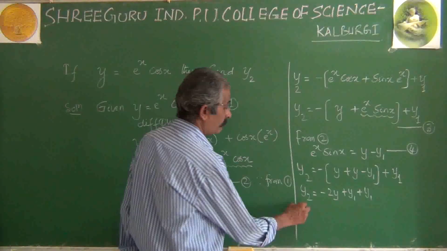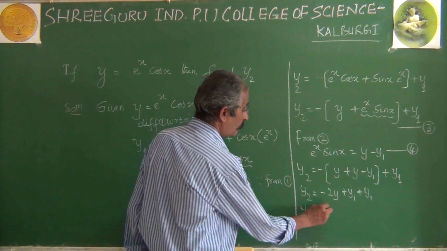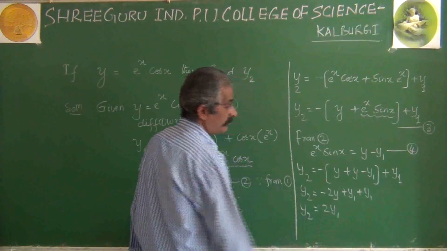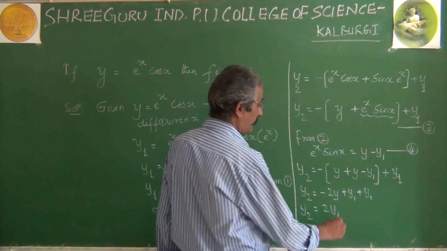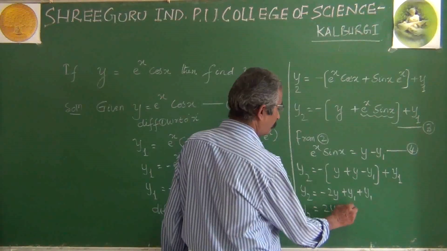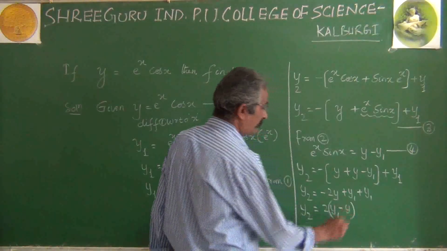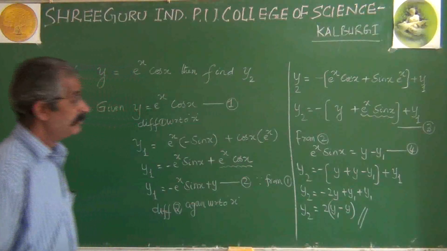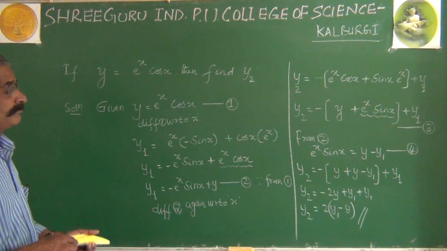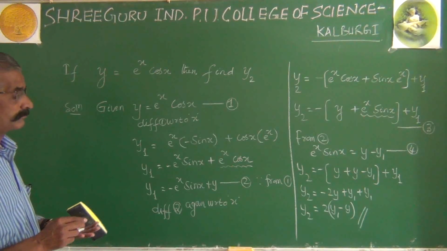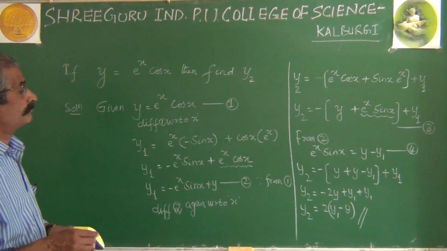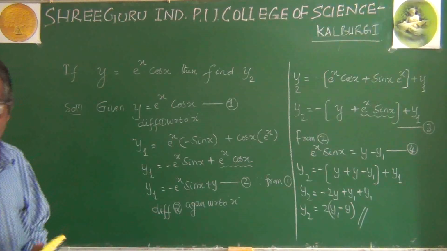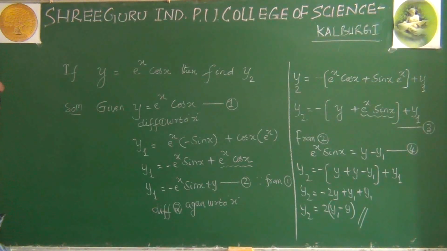So finally y2 becomes 2y1 minus 2y, or you can take 2 common, that becomes 2 into bracket y1 minus y. That's the final result for y2 in this problem. Next problem.